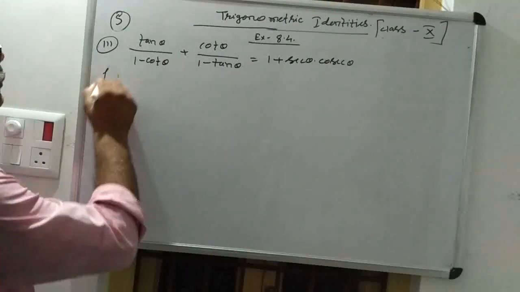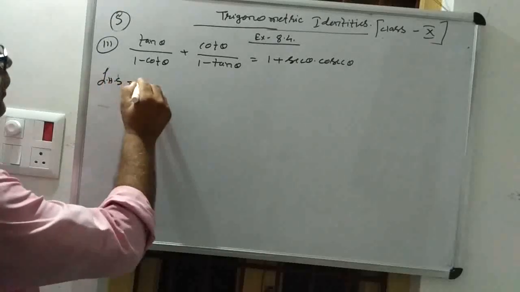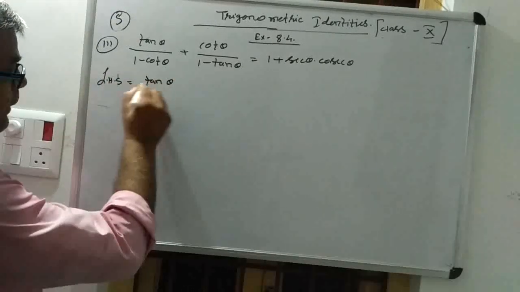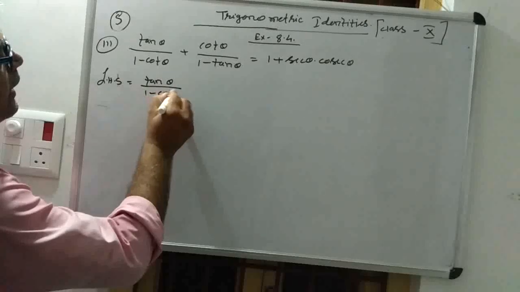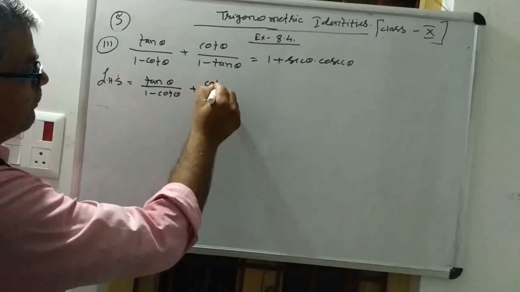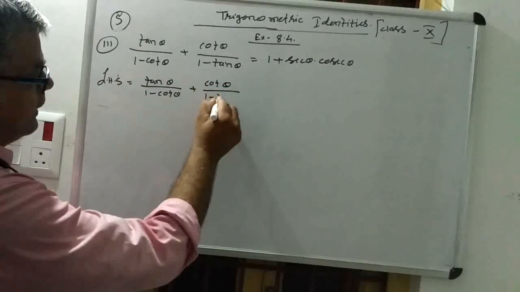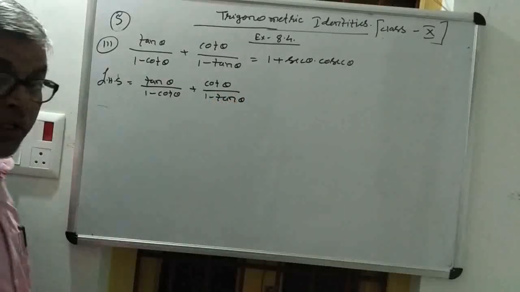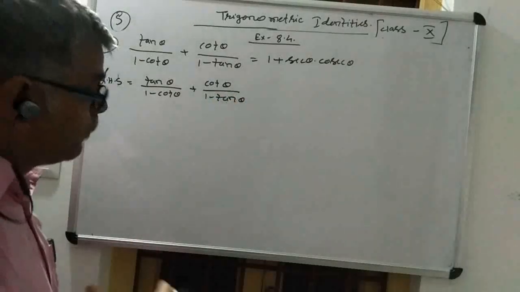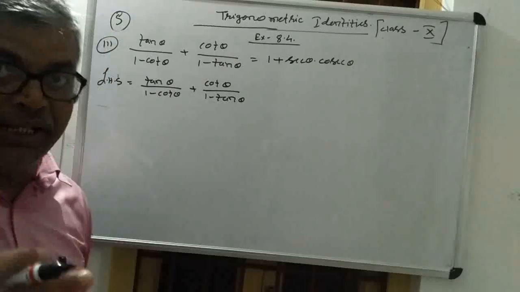so first we will take the LHS part. Our LHS part is tan theta by 1 minus cot theta plus cot theta by 1 minus tan theta. First change all trigonometric ratios in terms of sin and cos.